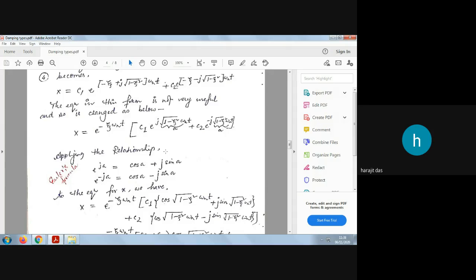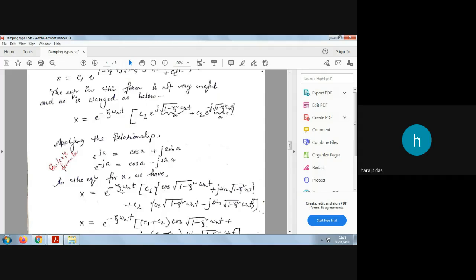So x equals e to the power minus zeta omega n t, multiplied by c1, which remains the same, times cos a plus j sin a, with a as under root 1 minus zeta square omega n t.